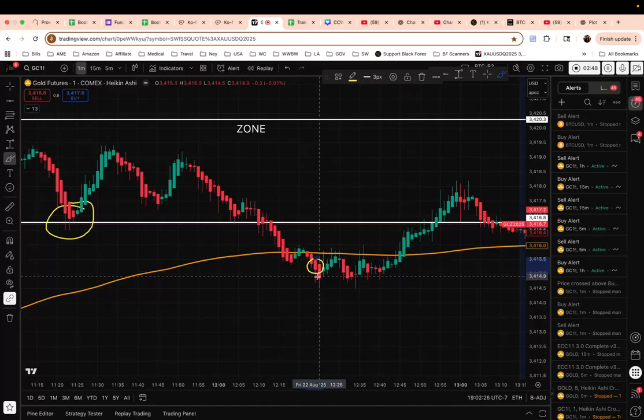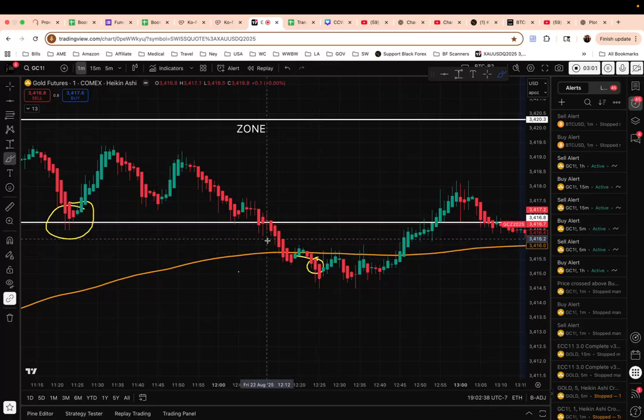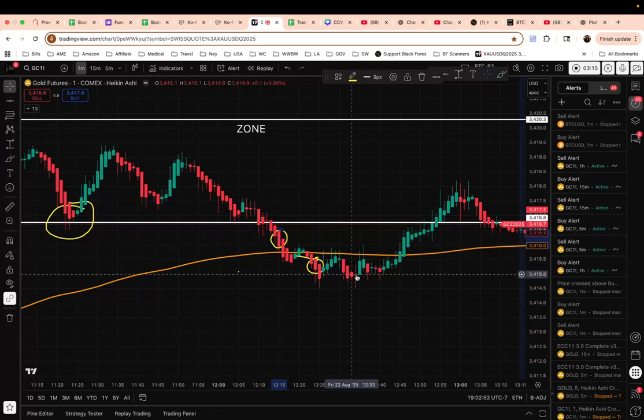Once I see this, I'm like, okay, 9 times out of 10. Oh, I'm sorry, we would have got in up here. I'm looking at the 200 EMA. We would have gotten in right here, where the market is looking to open and close in that area, and ridden the trade down to here.